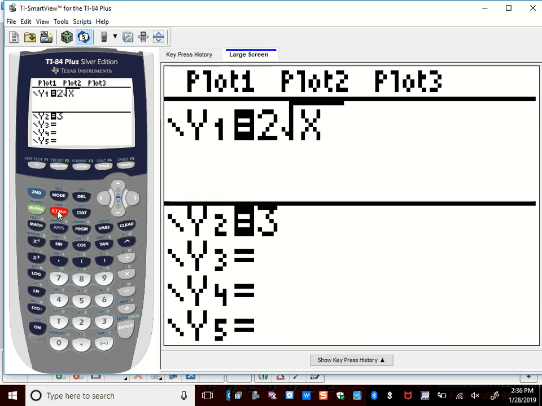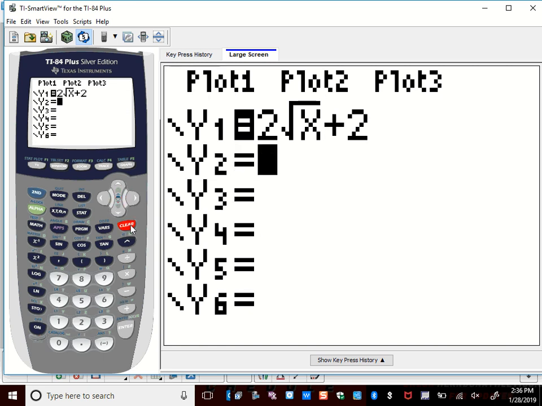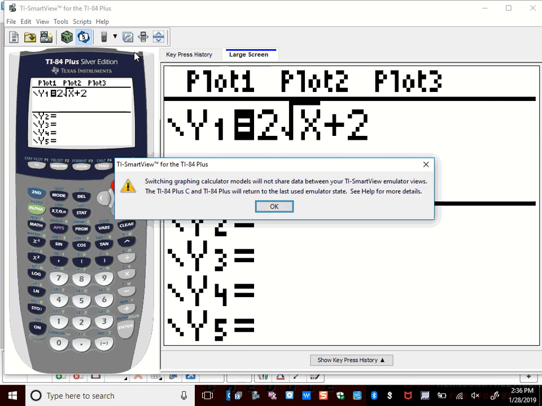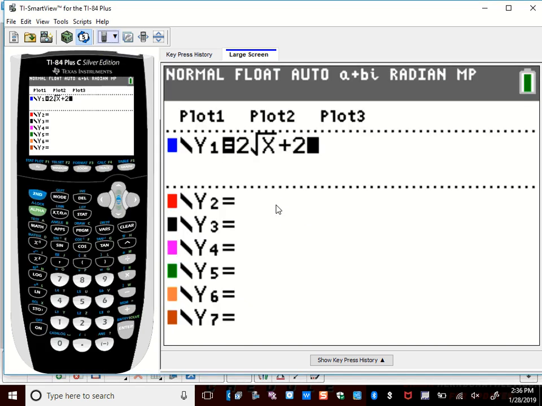Does yours come up with the parentheses? No? Okay, just make sure you slide over, and then you hit plus 2. You don't want to put that plus 2 under your radical because that's not where it needs to go.